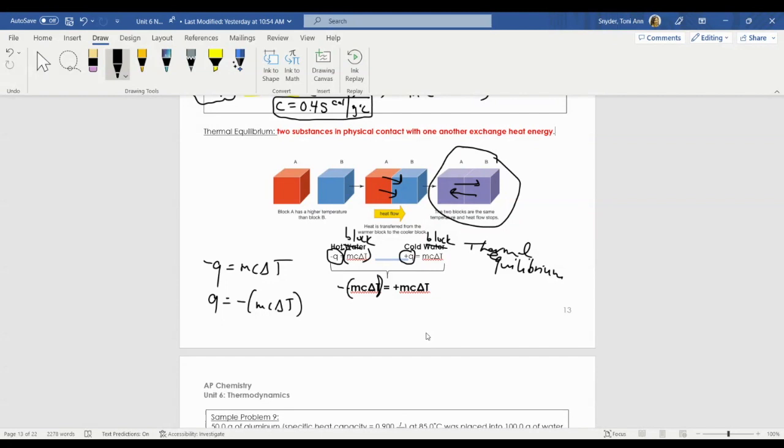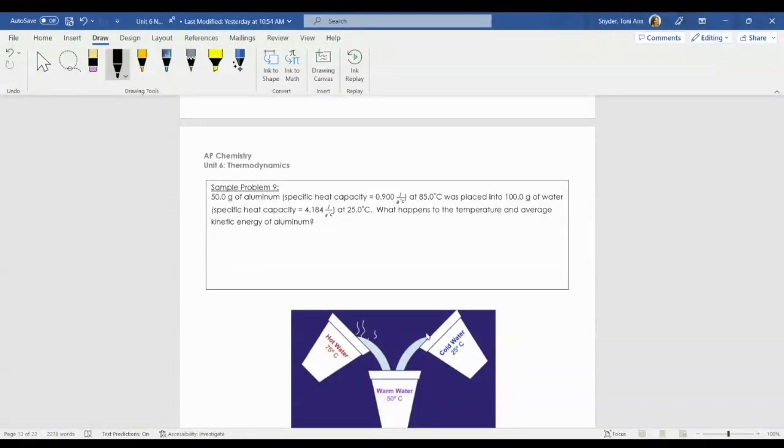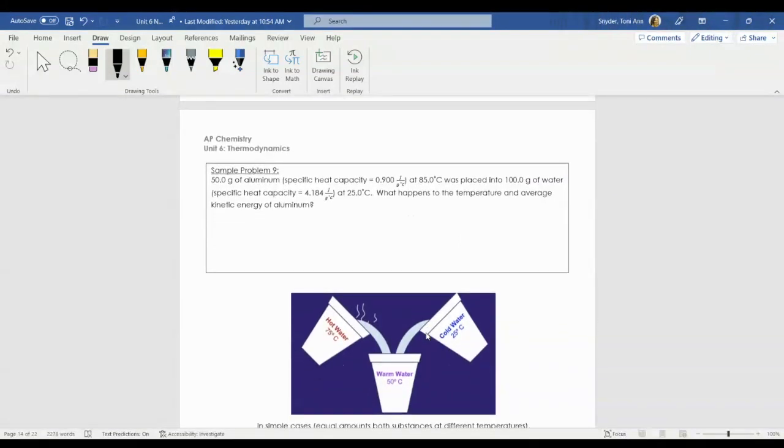Okay, let's take a look at this problem right here. So 50 grams of aluminum at 85 degrees was placed in 100 grams of water at 25 degrees. What happens to the temperature and the average kinetic energy of the aluminum? So you have this hot aluminum placed into about room temperature water. Should be very easy what's happening.